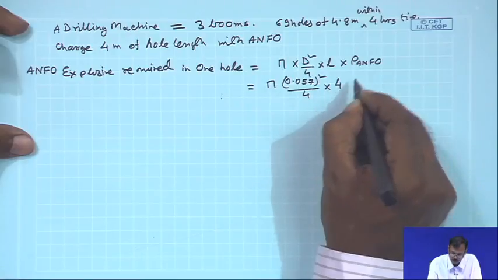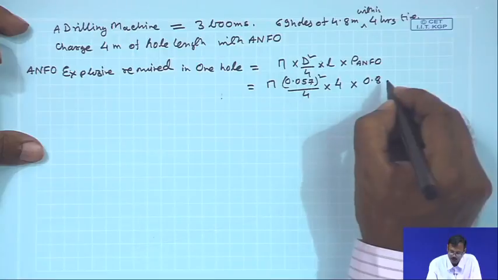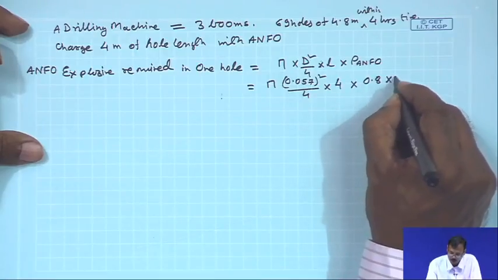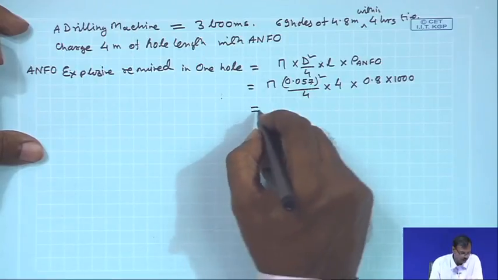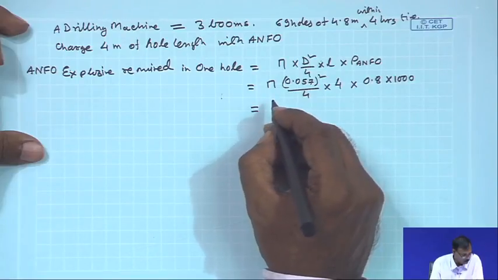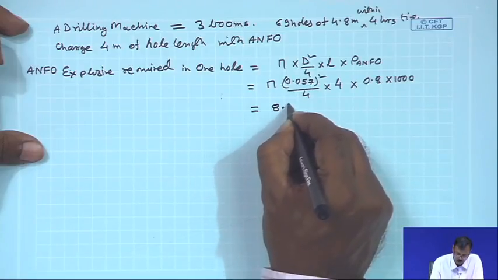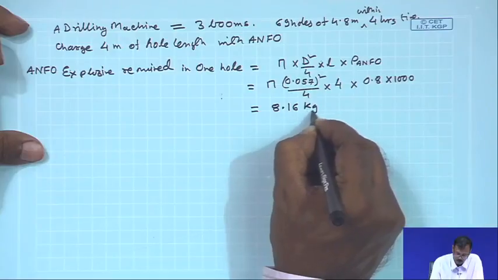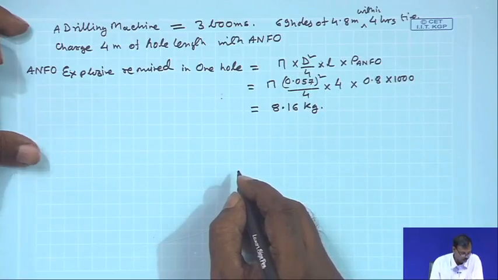The hole length is also known to us, it is 4, and rho of ANFO is 0.8. To convert it into kg, we need to multiply it by 1000. If we compute this, we can understand that in 4 meter length the explosive consumed will be 8.16 kg. Okay, so on computation we know that 8.16 kg of ANFO will be consumed in one hole.